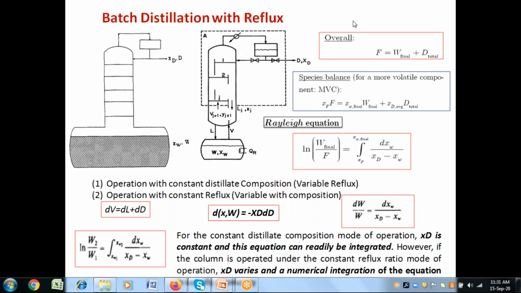Calculate the composition of the distillate and residue.